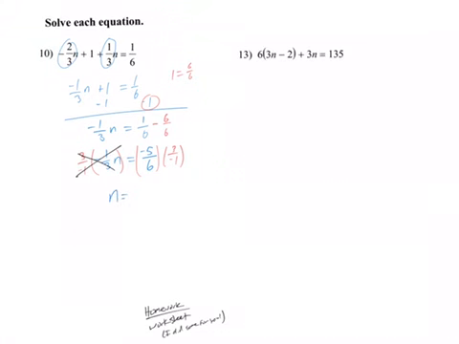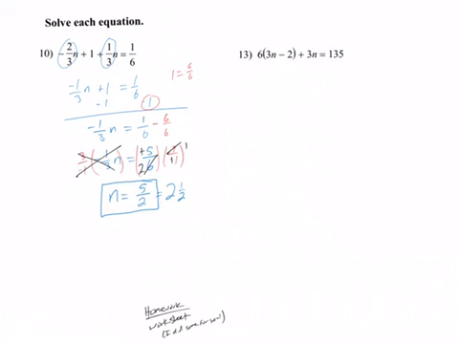Over here, the negatives will reduce with each other. Let's see, 3 goes into 3 one time, goes into 6 two times. So my answer is going to be 5 over 2, which if you wanted to say 2 and 1/2, either one of those, I'll probably just go with 5 over 2.